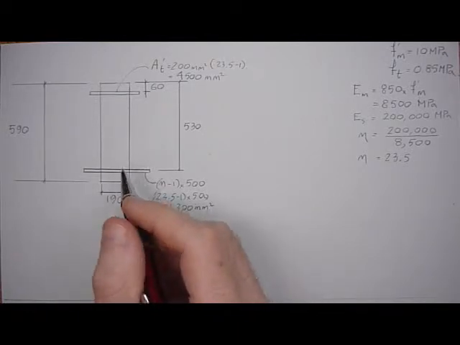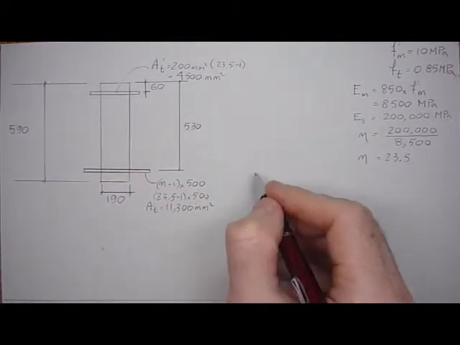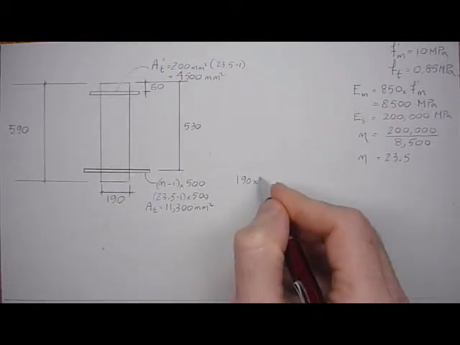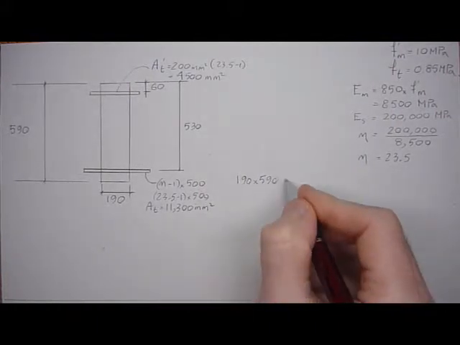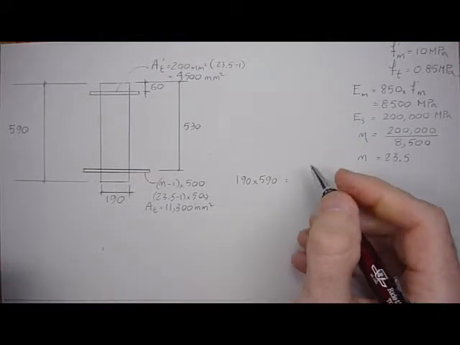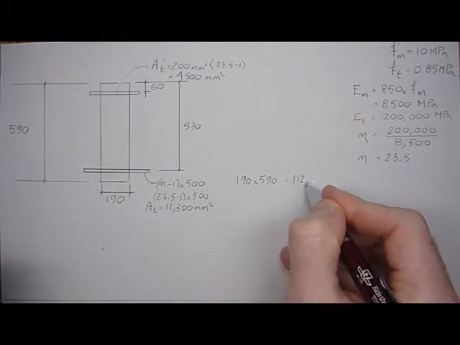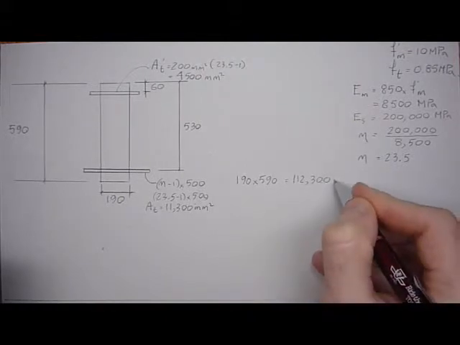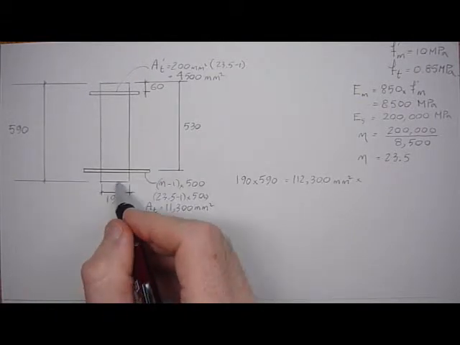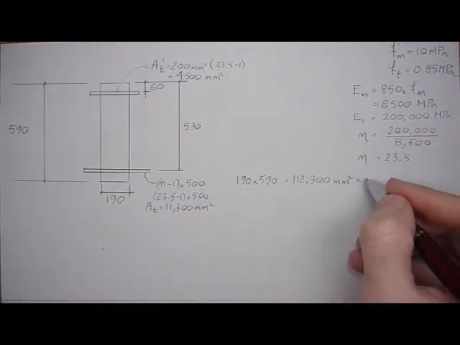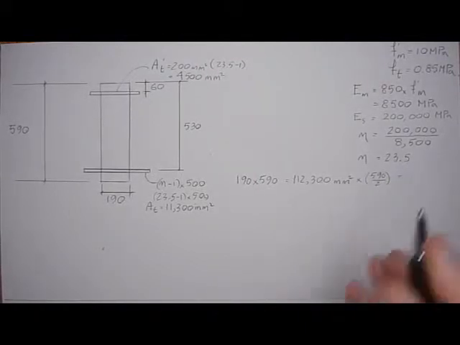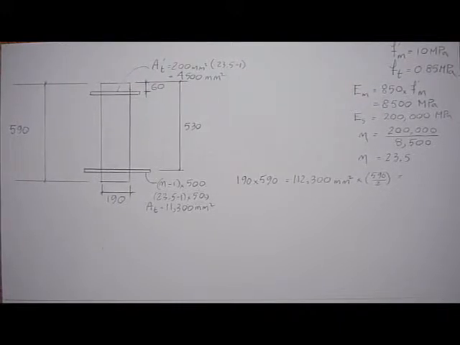Okay, so the area of the masonry is 190 times 590, which equals 112,300 millimeters squared, times the distance from its centroid to the base, so times 590 over 2.